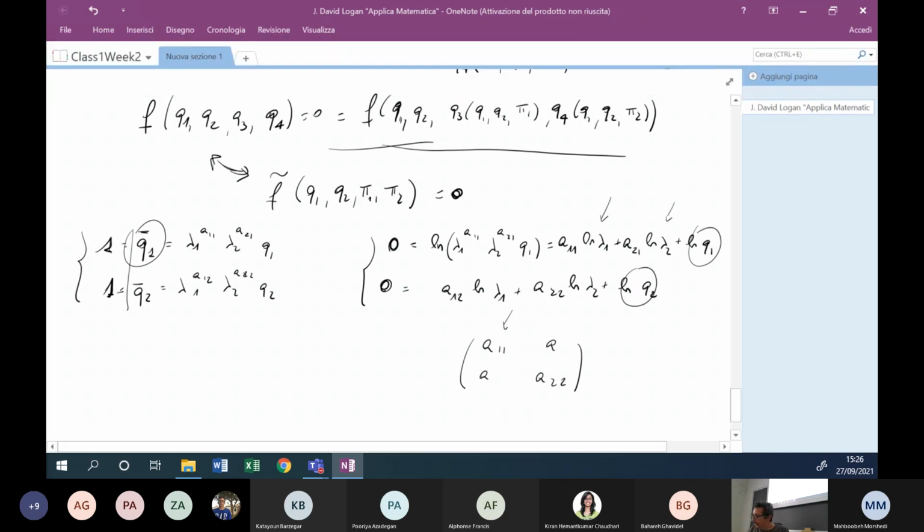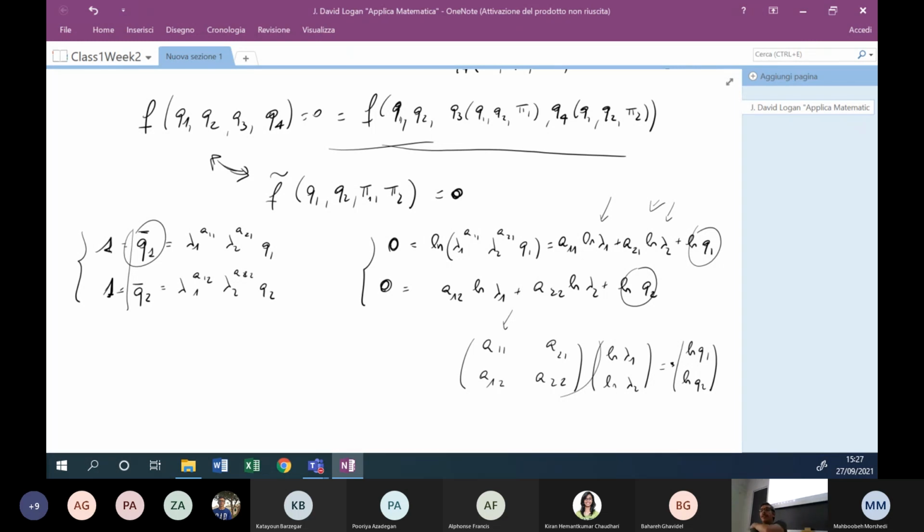So it's 1 times log lambda 1 and 1 times log lambda 2, and this is 2 times, and this is going to be minus log Q1 and log Q2. So basically, this one is the matrix of the coefficients of this linear system.